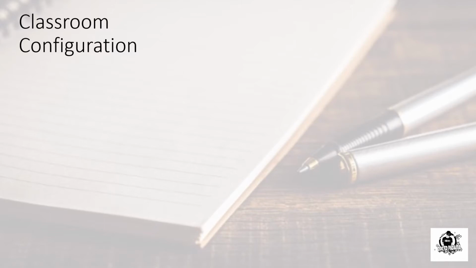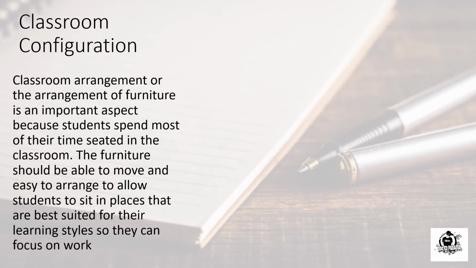Most of us have experienced this next EdTech consideration, and this is the classroom configuration. This basically refers to the physical arrangement of classroom furniture during face-to-face class meetings. This arrangement affects the learning styles of the students. Classroom arrangement, or the arrangement of furniture, is an important aspect because students spend most of their time seated in the classroom.